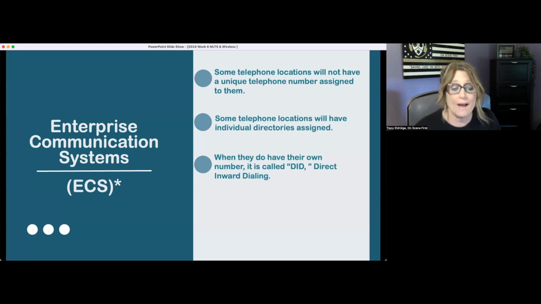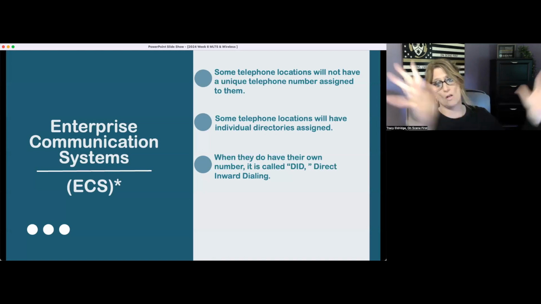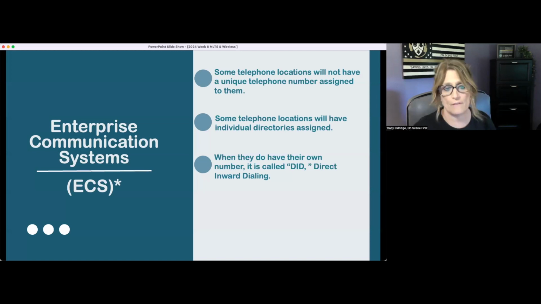When they do have their own number, it is called direct inward dialing. So that's what that refers to. Direct inward dialing is when you have the ability to have a phone number that is directly dialed into a multi-line telephone system. Because if you think about it, in a multi-line telephone system you have a phone number, and all of the other phone numbers branch off of that phone number.